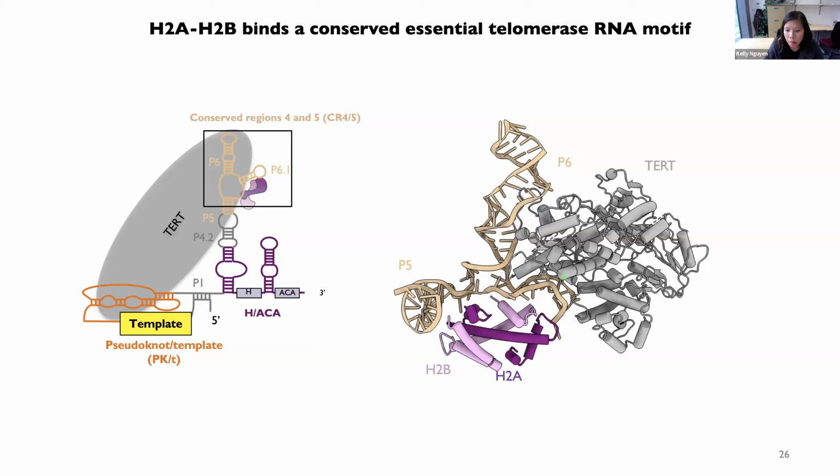What is also remarkable, and that we didn't expect, is that together they seem to bind and shape the stem loop here, which has been shown by many previous genetic and biochemical studies to be essential for telomerase catalytic activity, because if you mutate this or disrupt the structure, telomerase cannot function. This seems to be very important for folding this domain of the RNA.